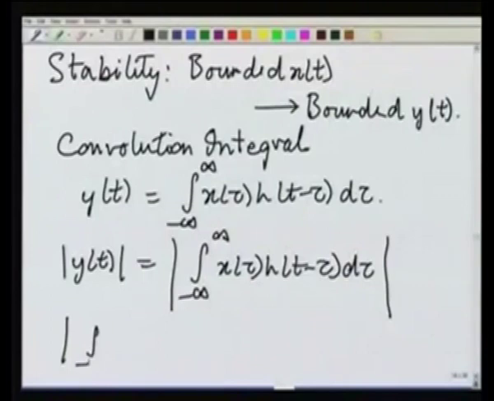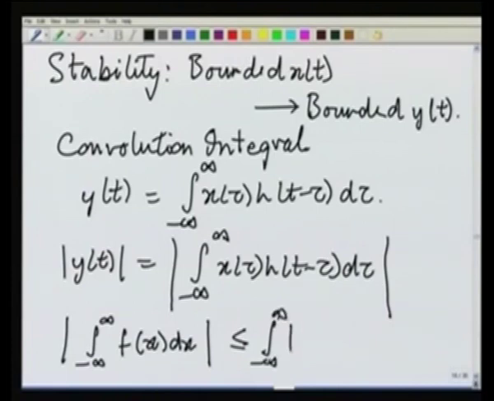In short, we can say that for any situation, the absolute value of the integral of f(x) dx is less than or equal to the integral of the absolute value of f. This property is called the triangle inequality.